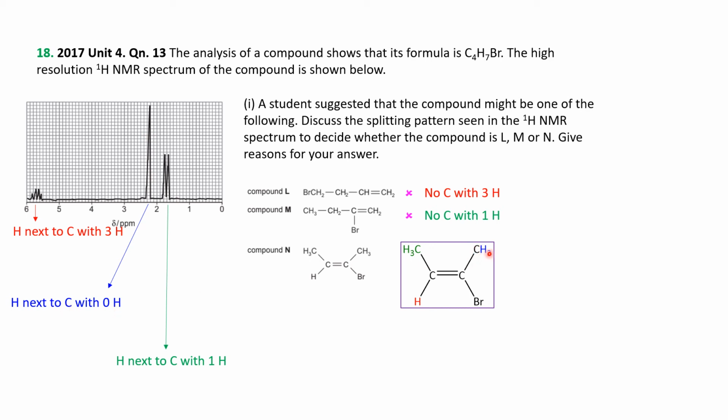This methyl group here, those hydrogens are not going to be split at all because this carbon has no hydrogens on it. And finally, we've got to have green hydrogens, quite a few of them, because this is quite a nice high doublet there that's next to a carbon with 1 hydrogen. Well, there's those CH3s next to a carbon with 1 hydrogen. And there we are. I even tell you what they are.